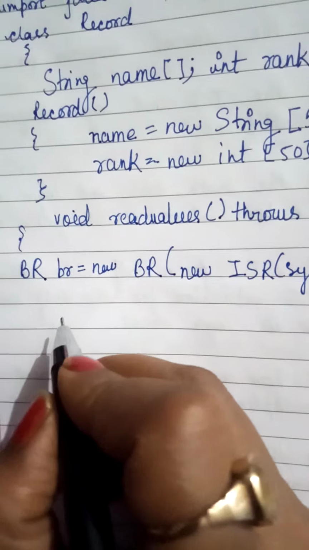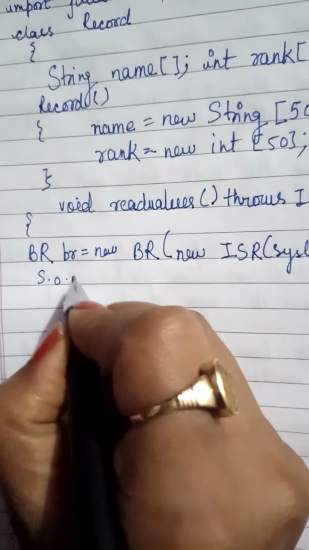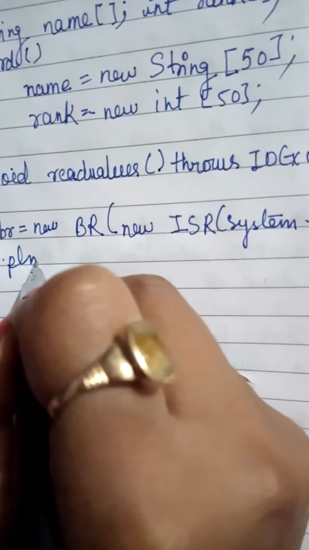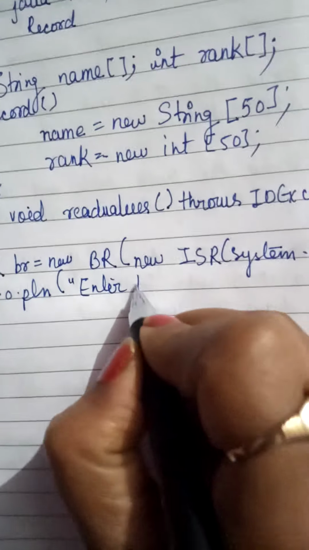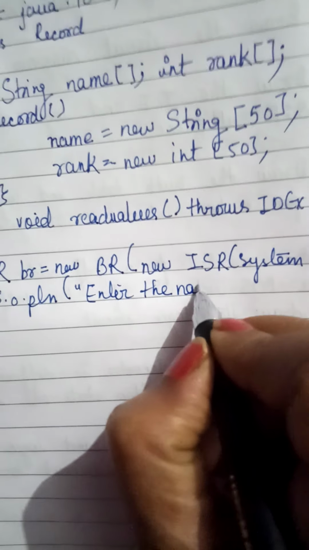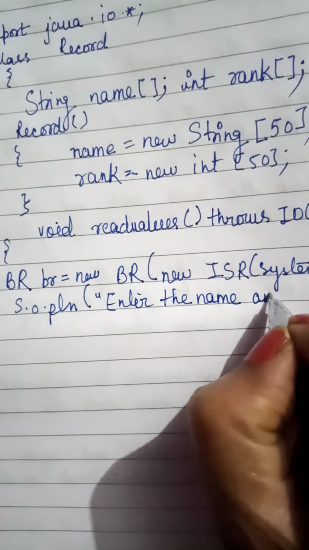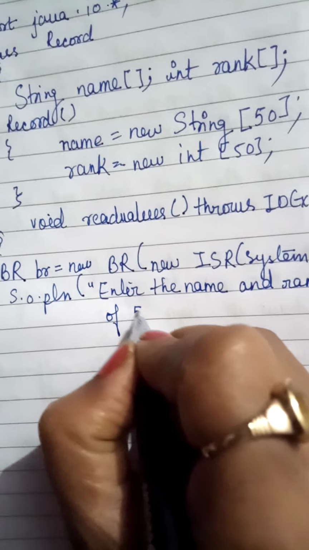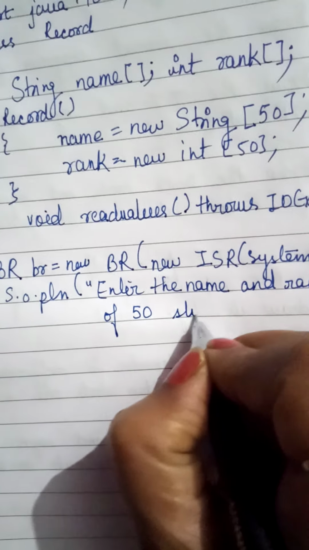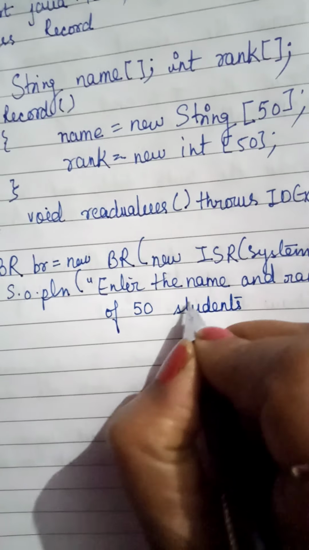Okay, now System.out.println "Enter the name and rank of 50 students."